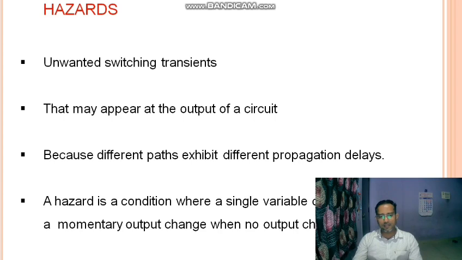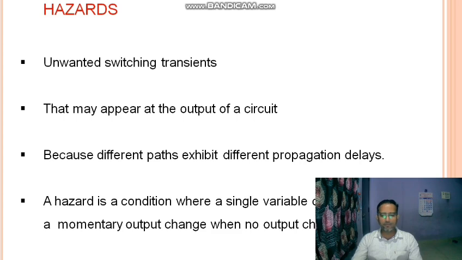That is the error fault that will be created in the switching transition of states. The exact name for it is hazards. The definition: a hazard is a condition where a single variable change can produce a momentary output change when no output change should occur.